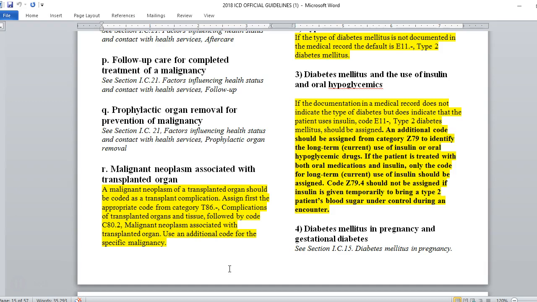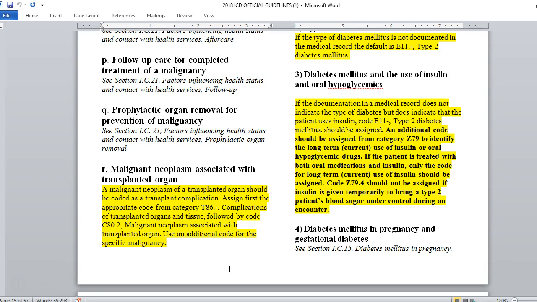So because this is both a transplant complication and cancer, the transplant complication code goes first, then the fact that it is a malignant neoplasm of a transplanted organ, then the exact type of cancer the patient has.